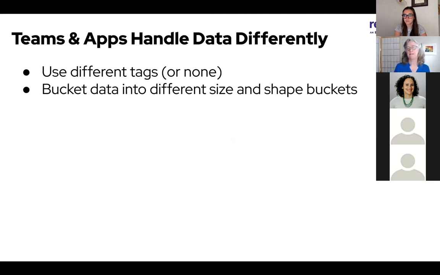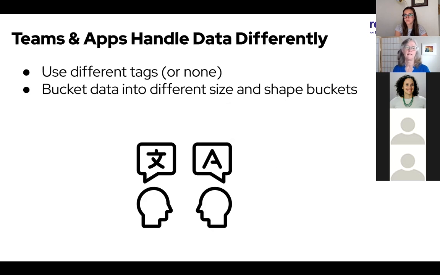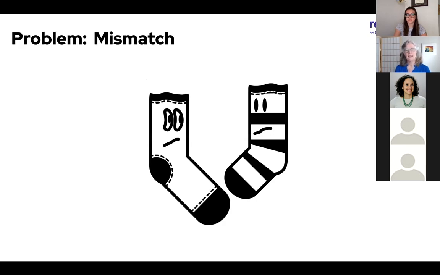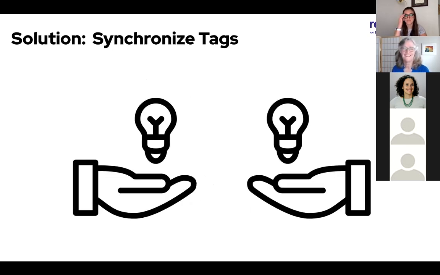They're using different tags, or in some cases none, and they're bucketing the data in different size and shape buckets. So it's really hard to compare and talk to each other with data. It's like we're talking two different languages with two different syntax. The mismatch is a problem.